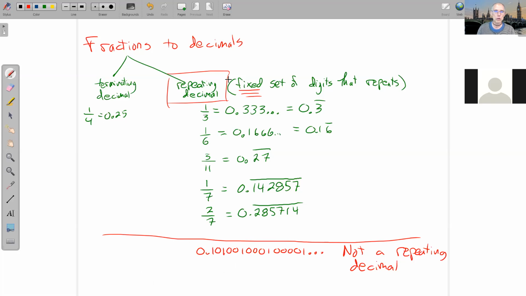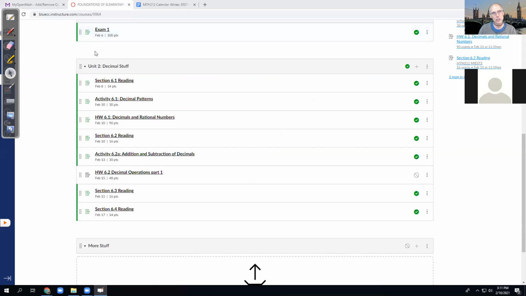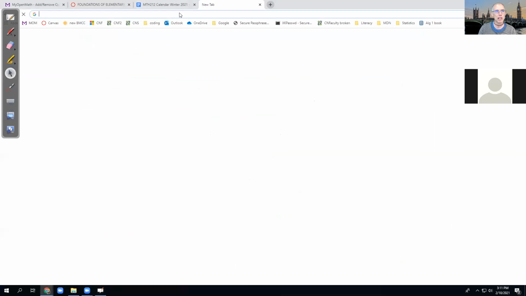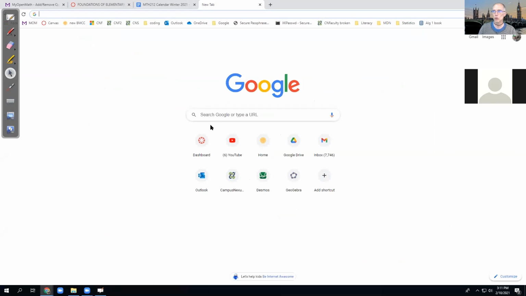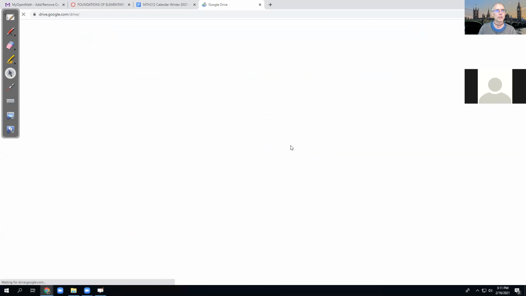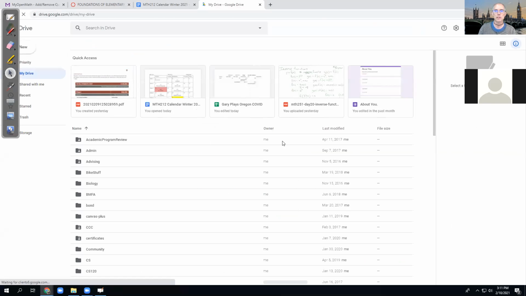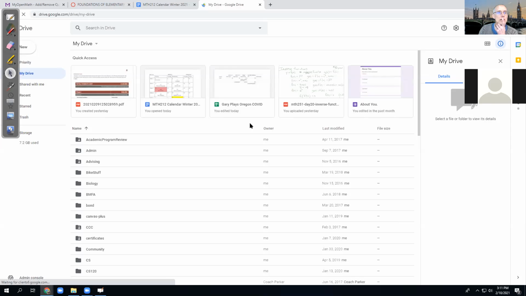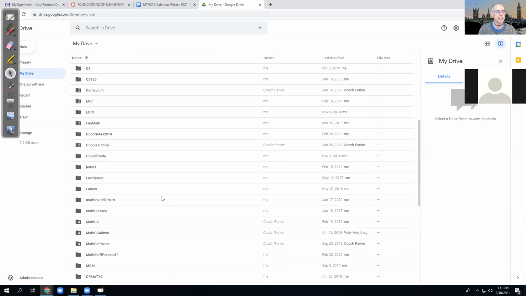All right, off to our spreadsheet. And so I'm just going to repeat what I did last time with the spreadsheet and hope you notice something different. And I'm going to put you guys in groups to discuss this. So let's see, I need my Google Drive. And there's my fraction sheet here. It isn't, so I've got to find it.